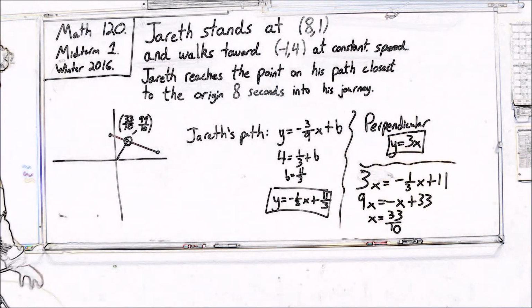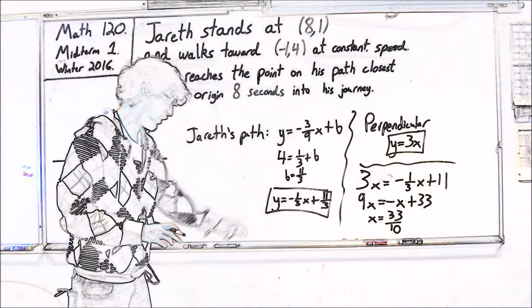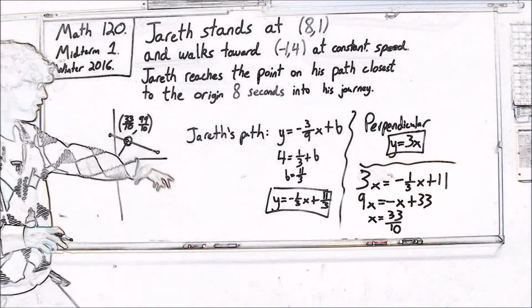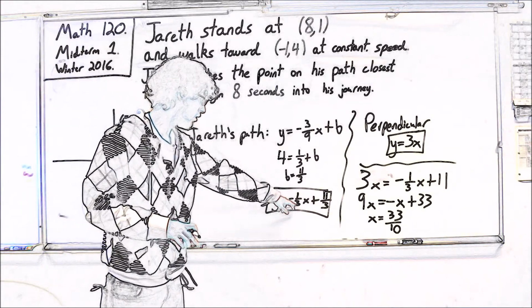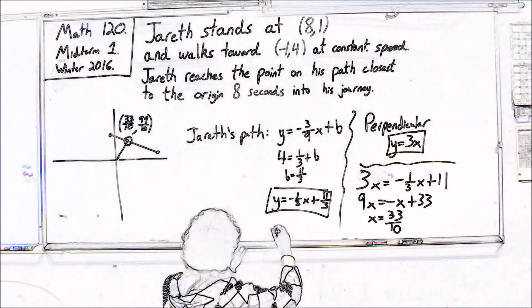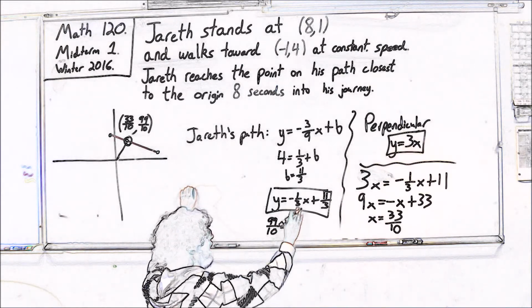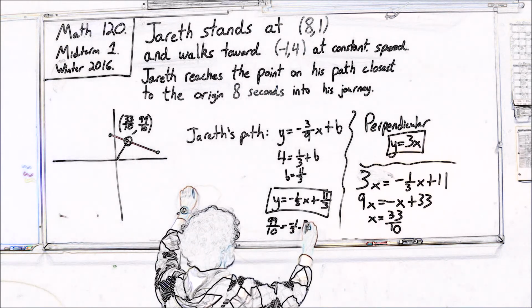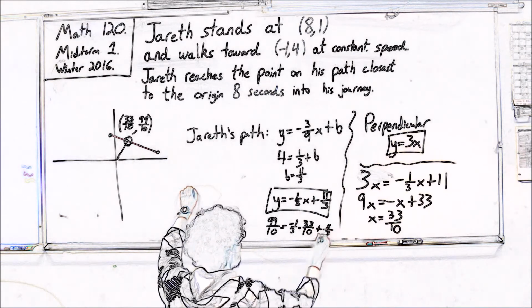And I suppose just to make sure that I'm happy at this point, I'd like to just take these 2 points and make sure that they're on this equation for Jareth's path. Let's see, if I plug 33/10 in for x, I get 99/10 on the left-hand side, and this becomes negative 1/3 times 33/10 plus 11/3.